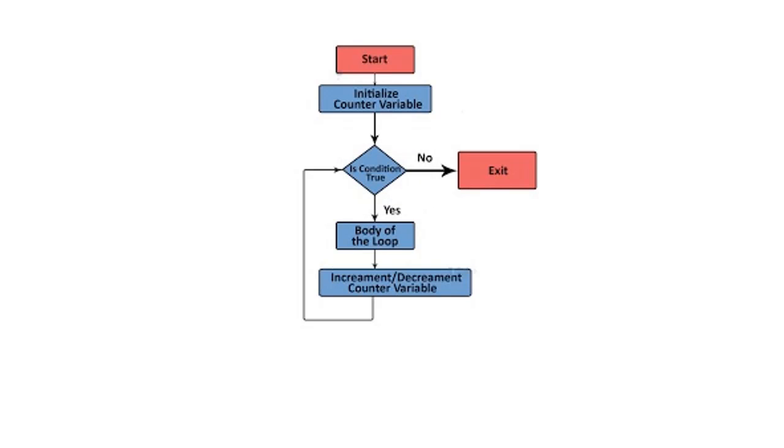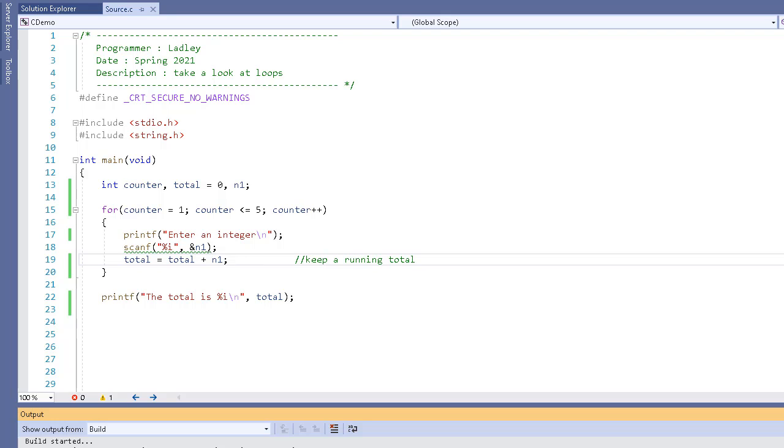If it does, it goes through the loop again. And that process keeps on going however many times that you've got the counter set to run. Now, once the condition is false, then the loop exits, and whatever comes after the loop in your program starts executing. And that's what happened here.